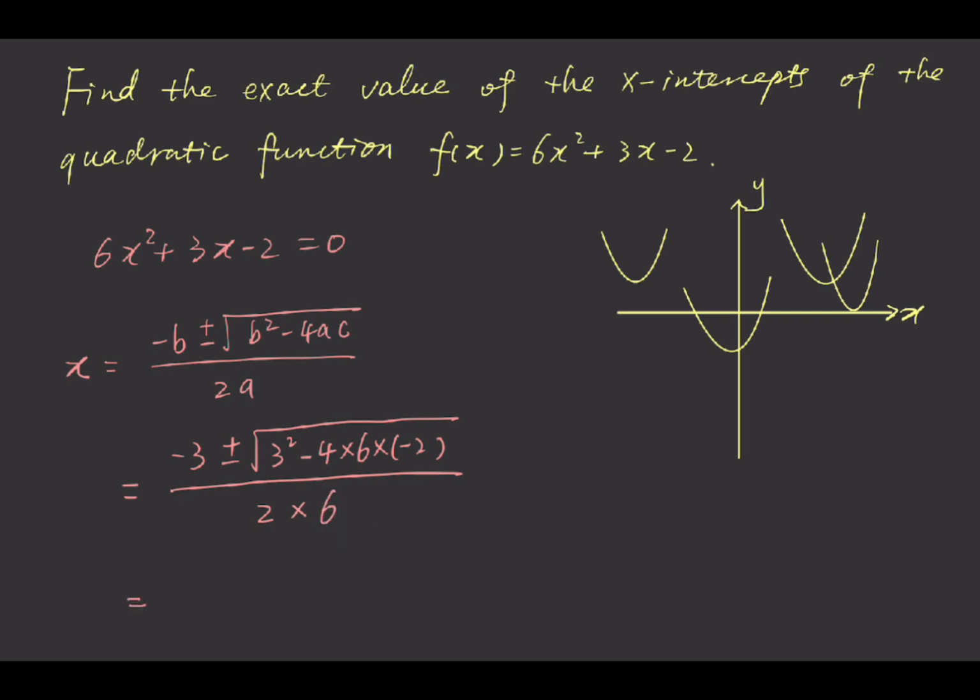So 9 minus 24 times negative 2 should be 9 plus 48, which equals 57. So under the square root sign it should be 57, and the denominator is 12.